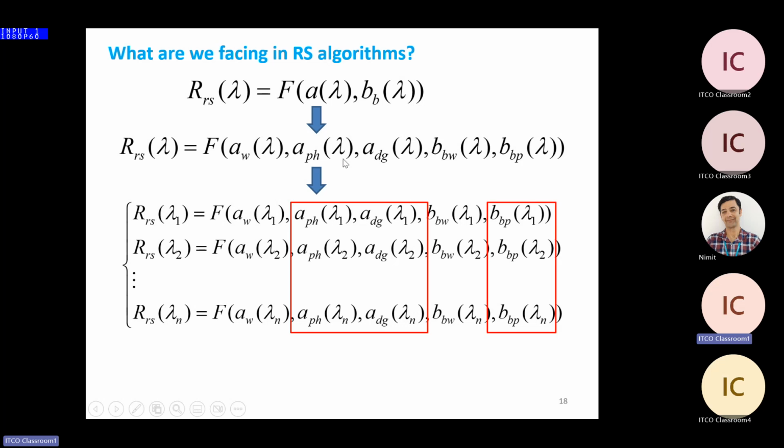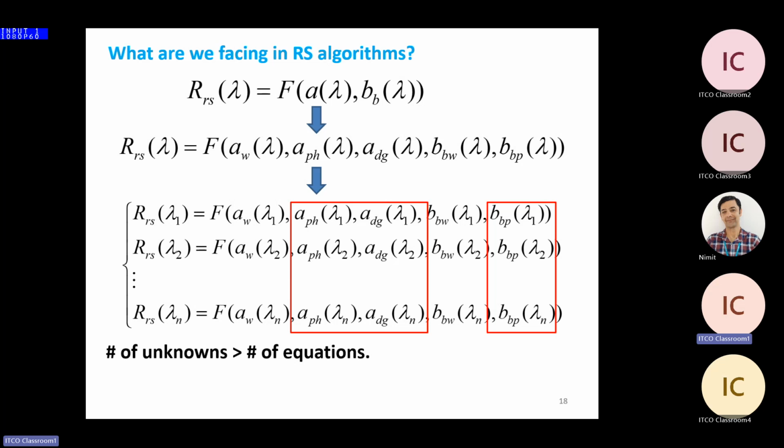For a remote sensor, there are many bands. Say we have N bands. Then each band has an equation like this. So for N bands, we have N equations like this. But for each equation, we still have APH, ADG, and BBP as unknowns. So fundamentally, the number of unknowns is much greater than the number of equations.